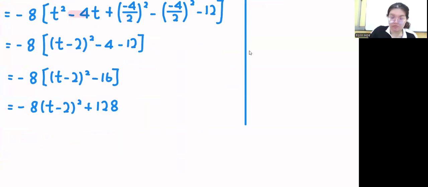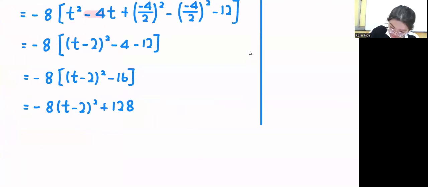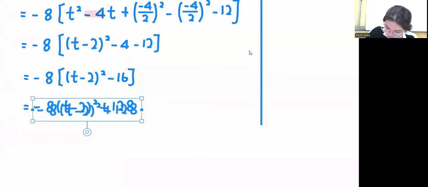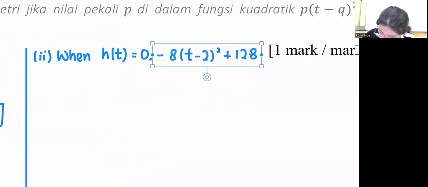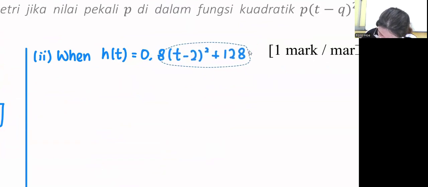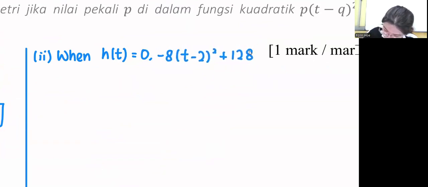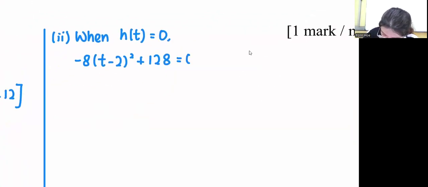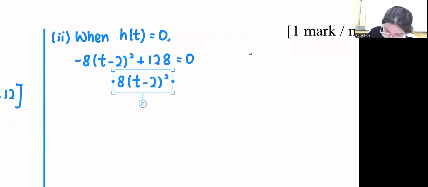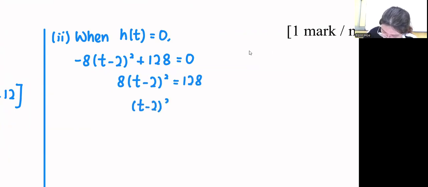You just use this because this one will be faster. The original one also can. 16 equals 4 squared.